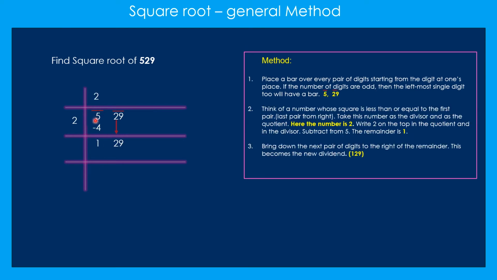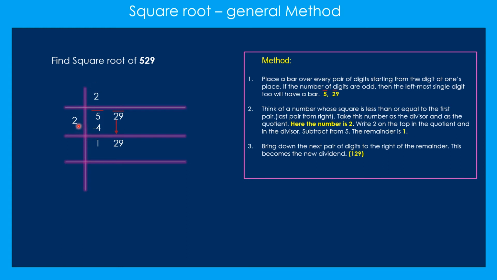After putting bars on the number 529, we have to think of a number whose square is less than or equal to the first pair. Here our first pair is the number 5. Whatever number we think of whose square is less than or equal to 5, we will take that number as a divisor and as the quotient.